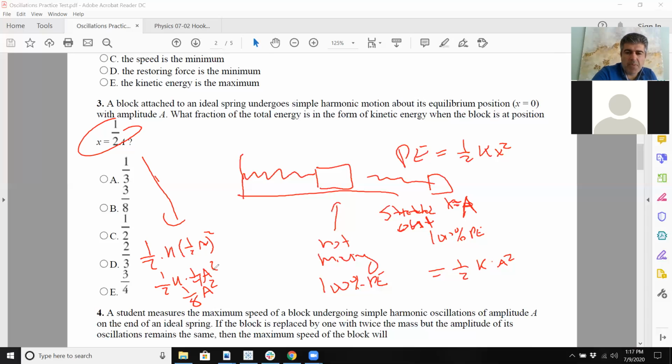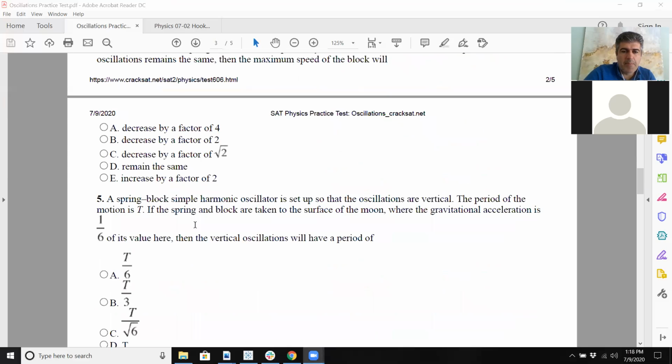Actually, a better way of thinking about it is the ratio between this and this: now it becomes a 1-to-4 ratio. So it means that 3/4 was converted to kinetic energy, and that's why the answer is E. That's a tough one. I don't think I'm going to ask that one because I haven't really done that with you guys. I think I might just ask straight up, here's potential energy, we'll solve it. But yeah, I don't think I'm going to ask that.